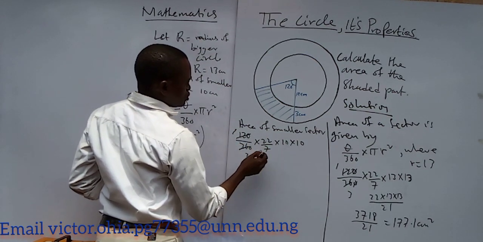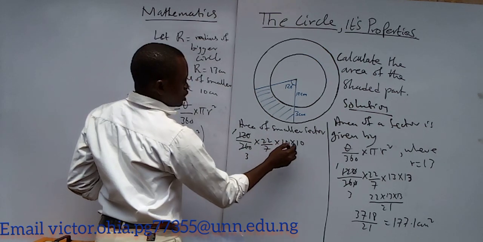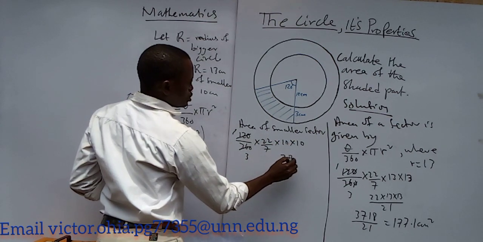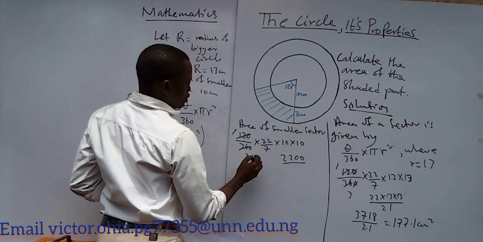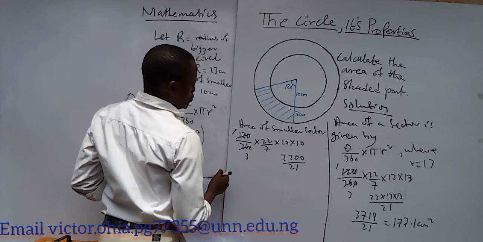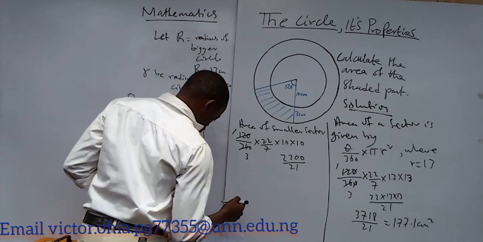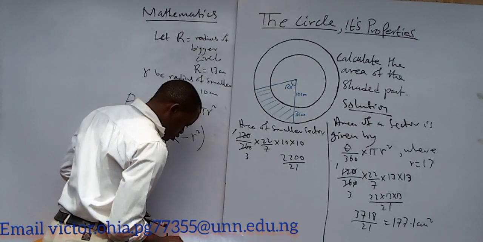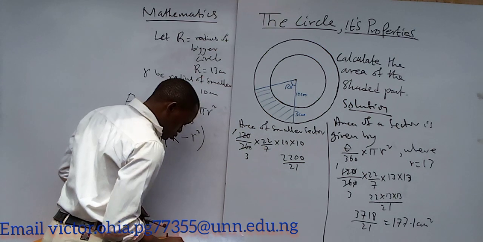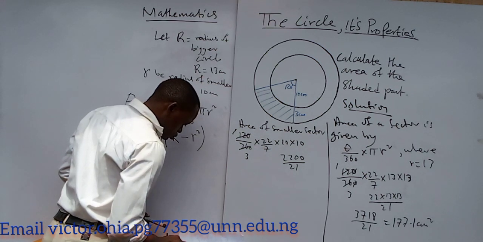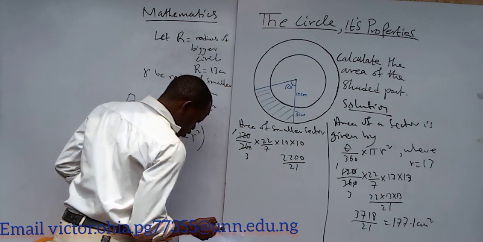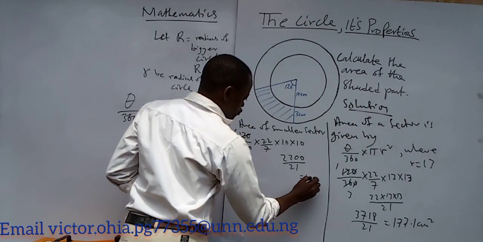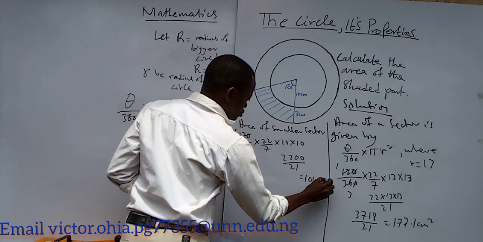So 22 times 100, since 10 times 10 is 100, which will give us 2,200 over 21. 2,200 divided by 21 is 104.8. This is 104.8 cm squared.